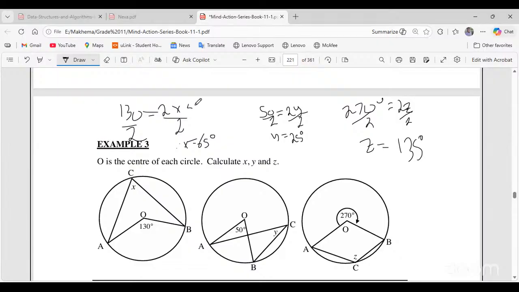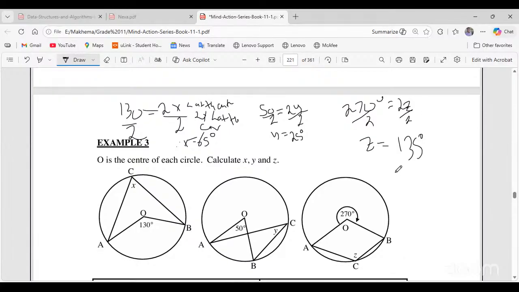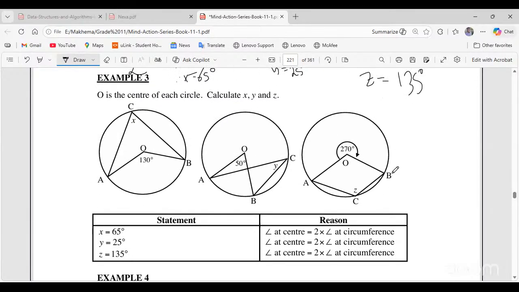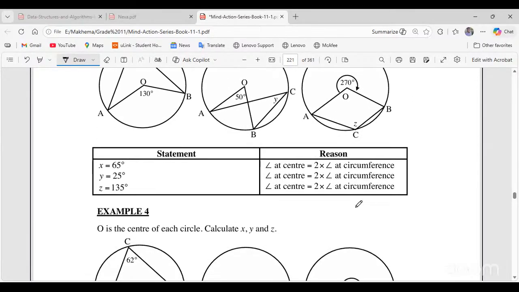Because angle at the center is 2 times angle at the circumference. So also for this one, you will include that angle at the center is 2 times angle at the circumference. Thank you, guys. Let's now move to the next example.